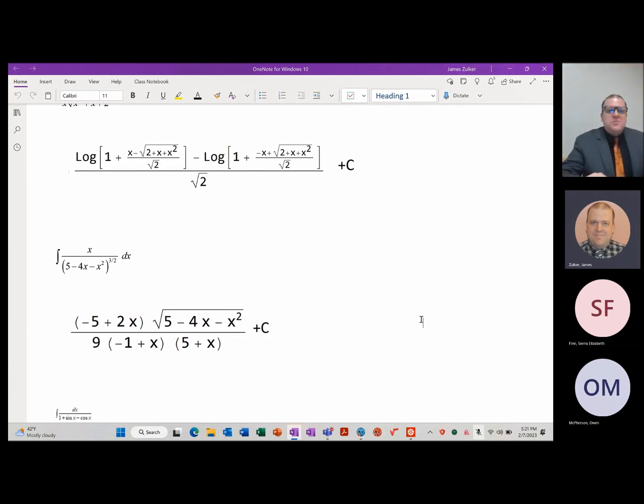Oh, well, that's nice. You just pasted a very tiny picture. Okay.